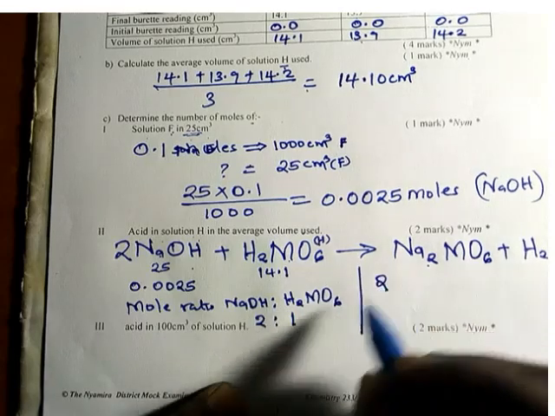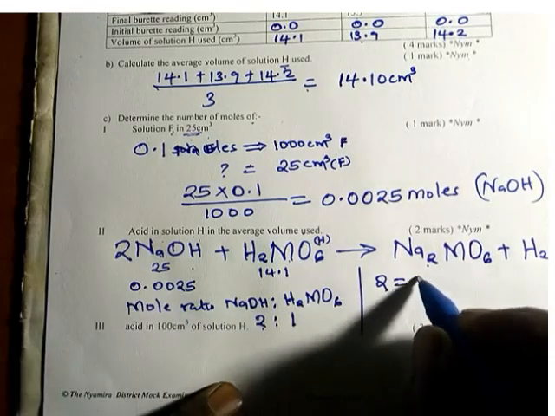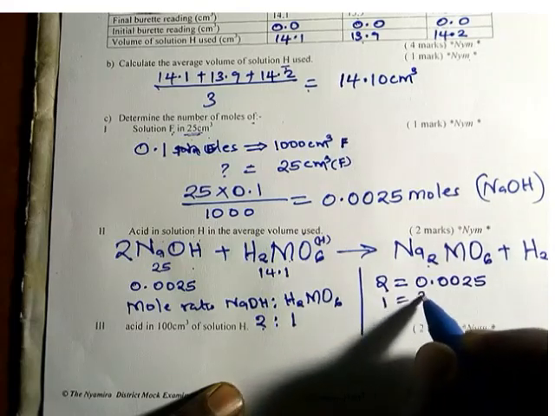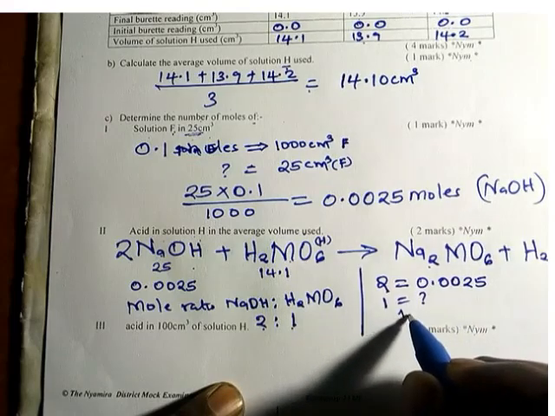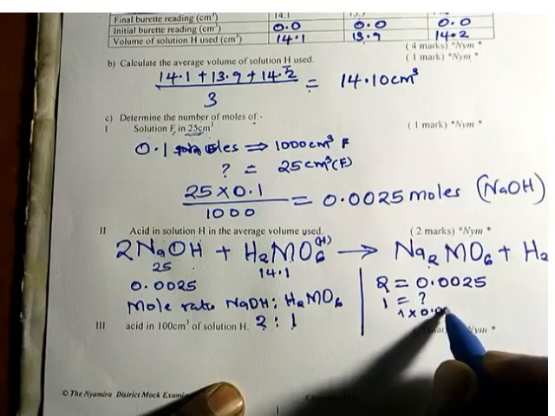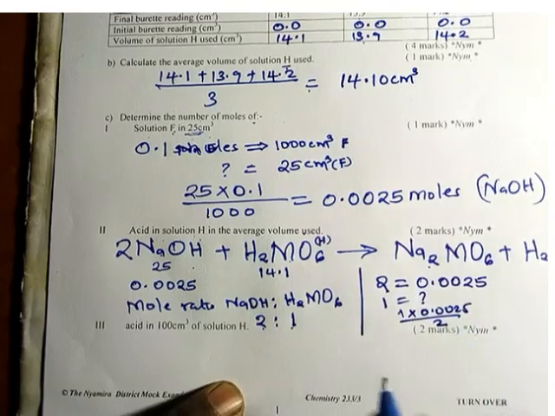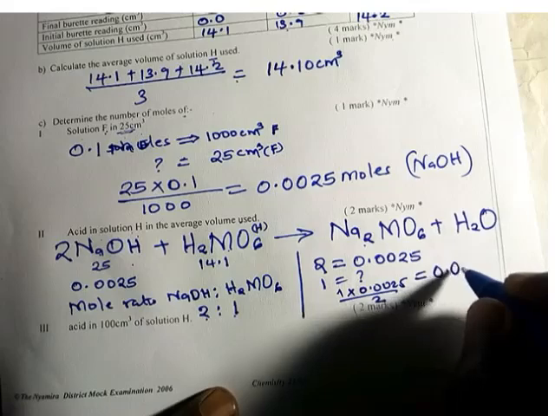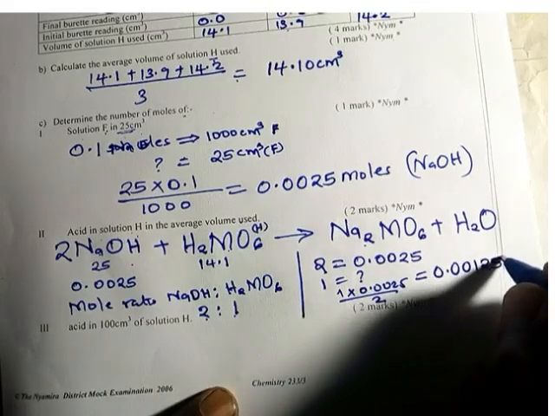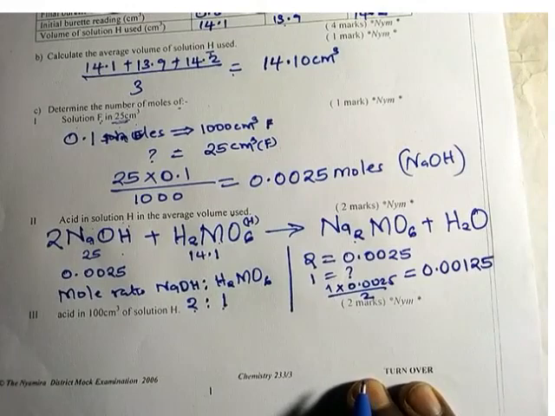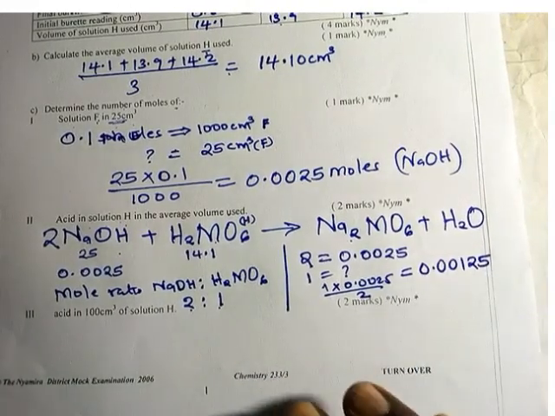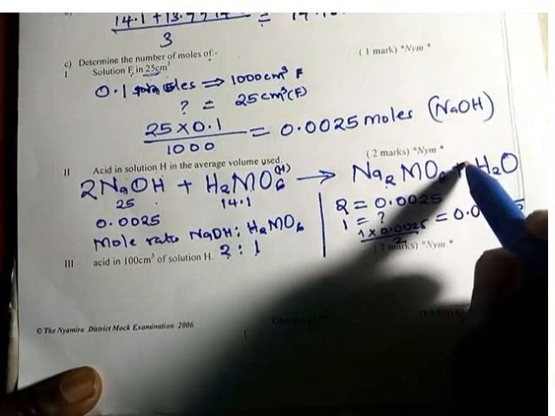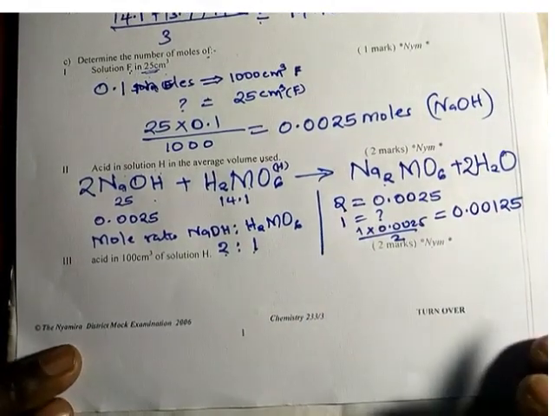So 0.0025 divided by 2. The moles of the acid that was used is 0.00125. That is the number of moles of H. Okay? So it is important to write the equation and balance it. If you don't know that, then it becomes very difficult.